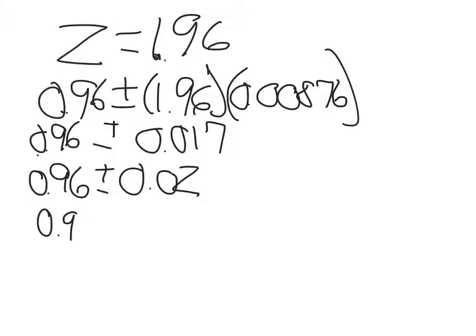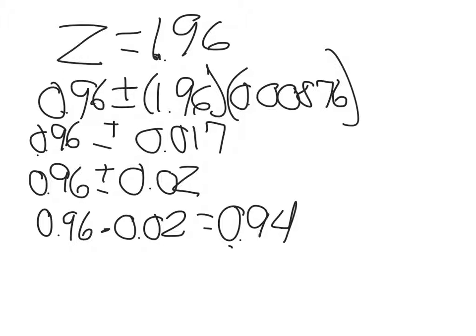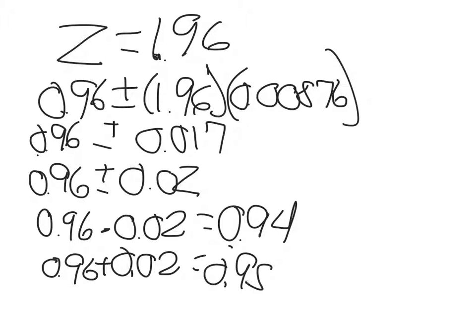So I'll have 0.96 minus 0.02 is equal to 0.94, and 0.96 plus 0.02 is equal to 0.98. So we are 95% sure that the population proportion runs between 0.94 and 0.98. Pretty cool, huh? Good job.